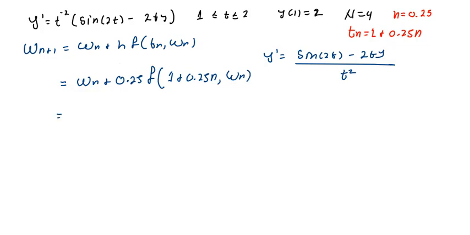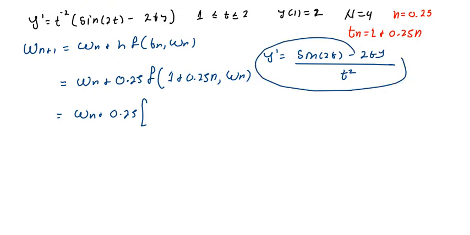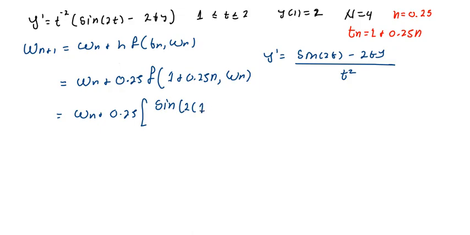So this is equal to w sub n plus 0.25 times, and this is the only time that I have to visit the differential equation, sine of 2 times open bracket 1 plus 0.25n, close the bracket, minus 2 times w sub n, where there is y, times t, which is 1 plus 0.25n in the brackets.